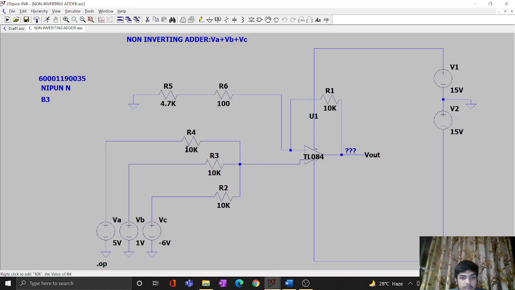While applying a non-inverting adder, we have to keep the resistance values of R4, R3 and R2 as 10K, and as it is a non-inverting adder, we connect all the voltages to the non-inverting side of the op-amp. And as you can see, I can run this circuit and actually see the operating point.